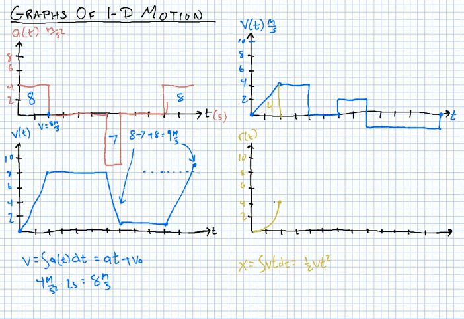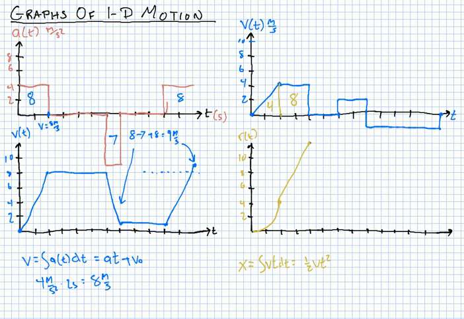Okay, and then in this next time interval, the velocity was constant at 4 meters a second for 2 seconds. So our area here is 8. So now that means that our position is going to increase by 8. Okay, so increasing by 8 means now by the time we get to this time, we're going to be up to 12 meters. This time the velocity was constant, so this is going to be a linear change in position.